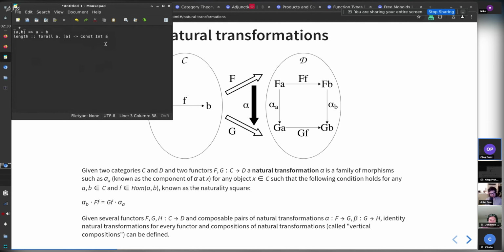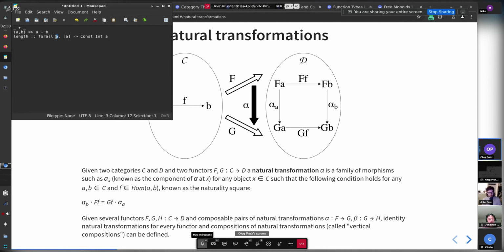If you have a so-called phantom variable, with respect to that phantom variable, you can say the thing is a natural transformation. Although I don't know if the compiler will let you have a type variable that is not used.